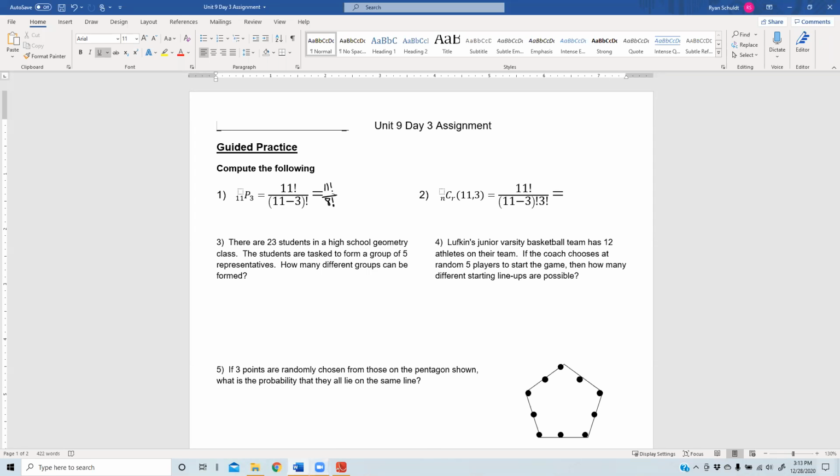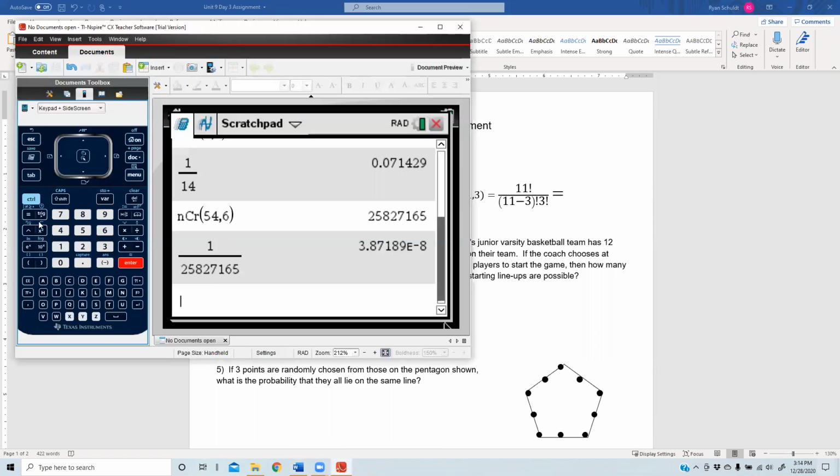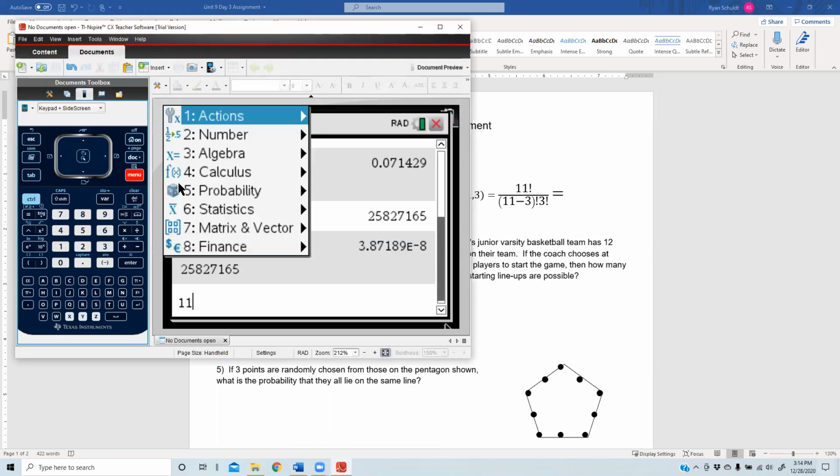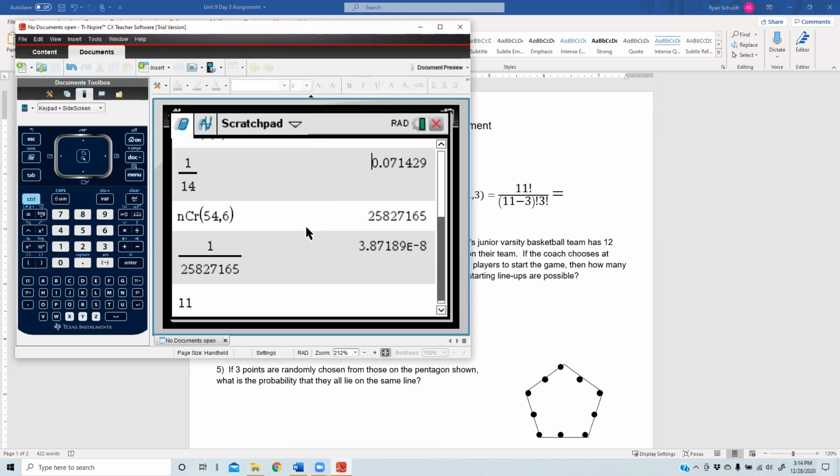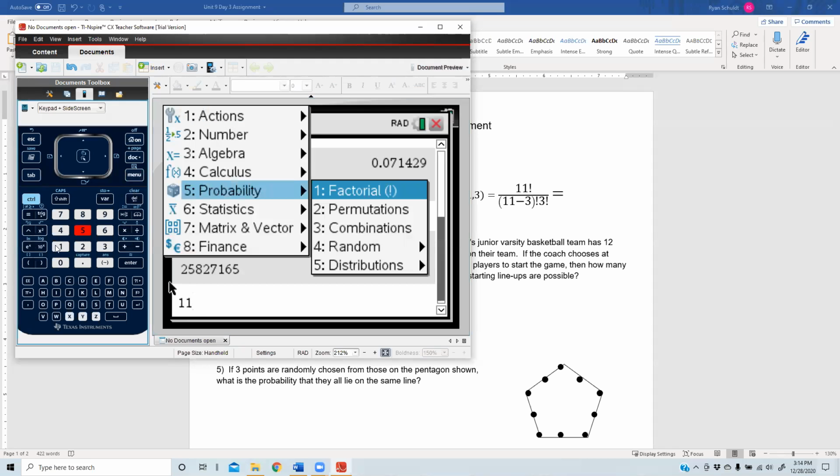So I'm going to do that just to remind y'all how to put the factorial in the calculator. I'll show y'all two different ways. First, you can do 11, then menu, probability, factorial. Hang on. Menu 5, 1.